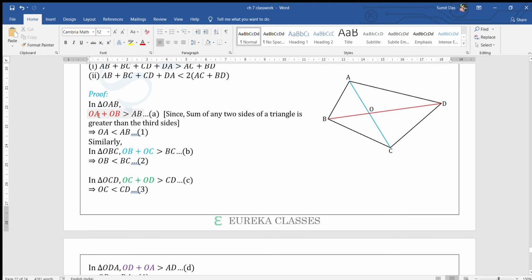Okay, if OA plus OB is greater than AB, I can write OA is less than AB. Let me give an example.